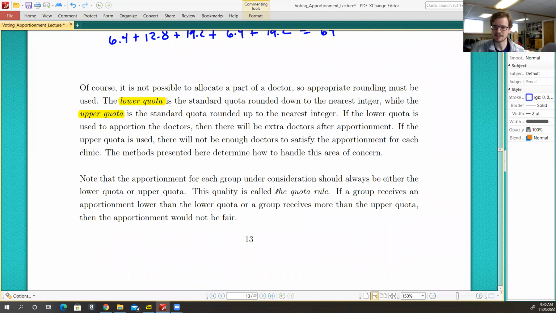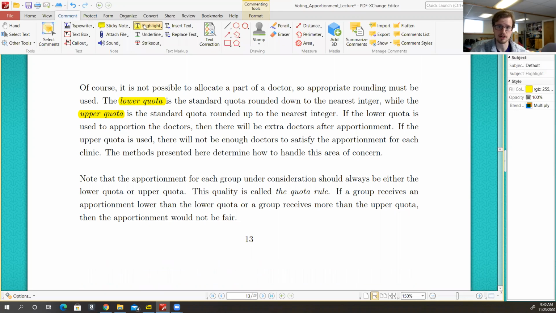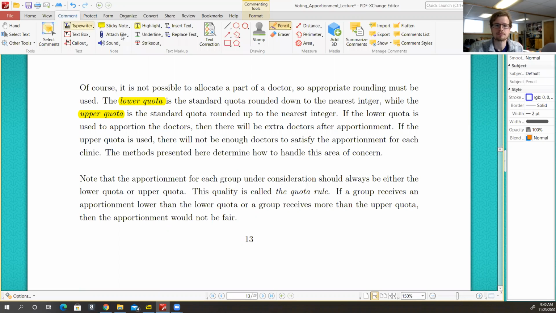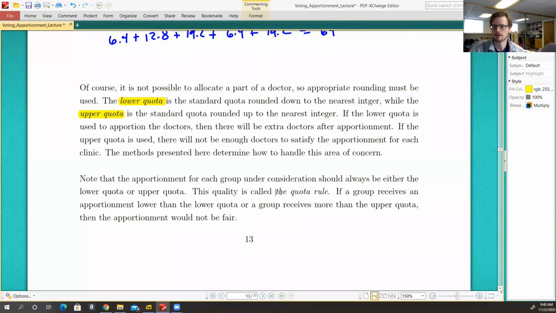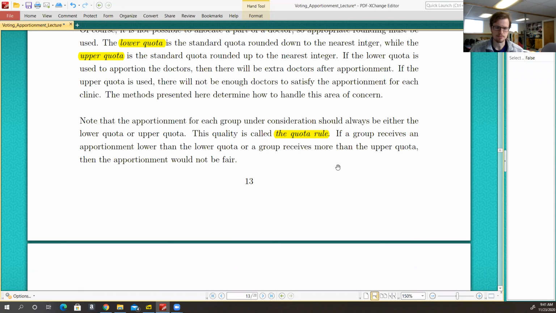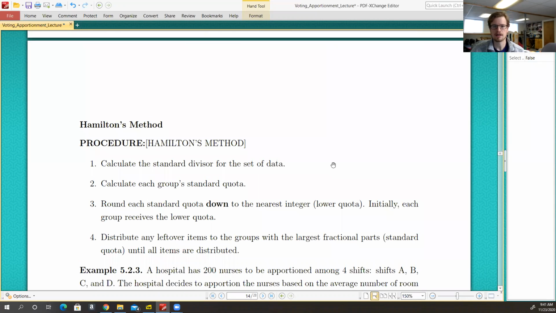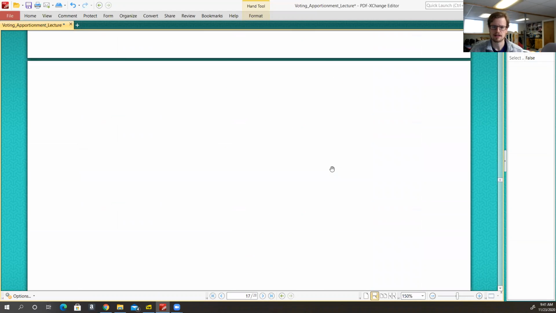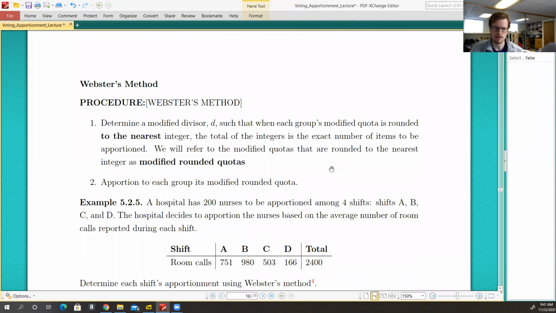This idea that it should be the quota that's received each time is what's called the quota rule. So this is the goal of our apportionment methods. We'll take a look at 3 of them: Hamilton's method, Jefferson's method, and finally Webster's method.